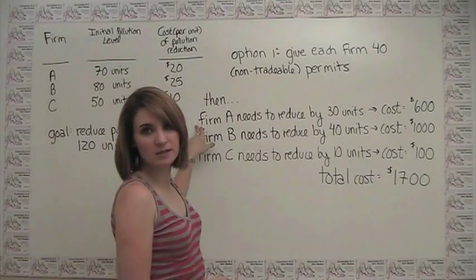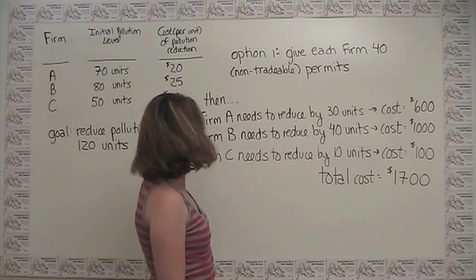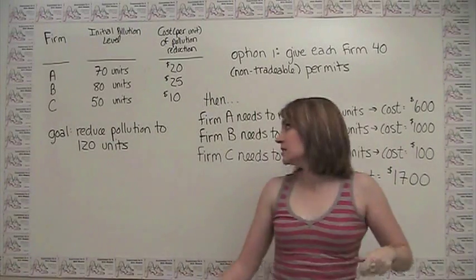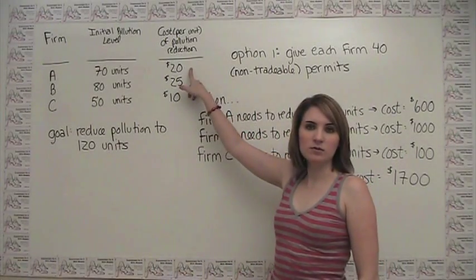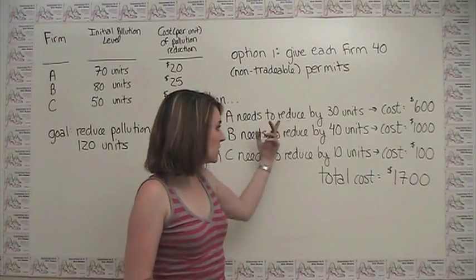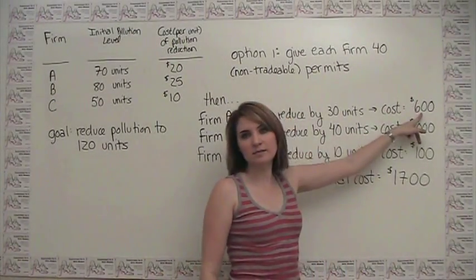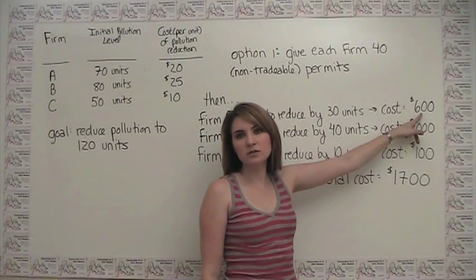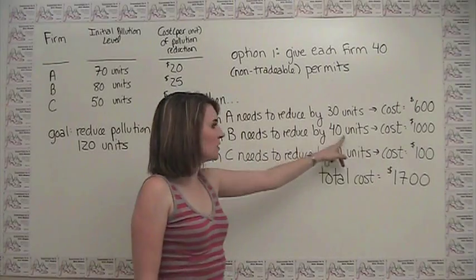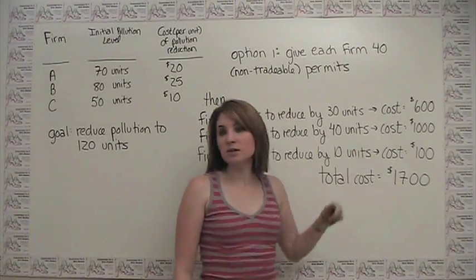So we say, well, how much does this cost each of the companies? Well, firm A, if they need to reduce by 30 units, we said that it costs them $20 per unit to stop polluting. So 30 times 20 gives us, it's going to cost them $600 to reduce their pollution to the mandated level. Firm B, well, they need to reduce their pollution by 40 units.